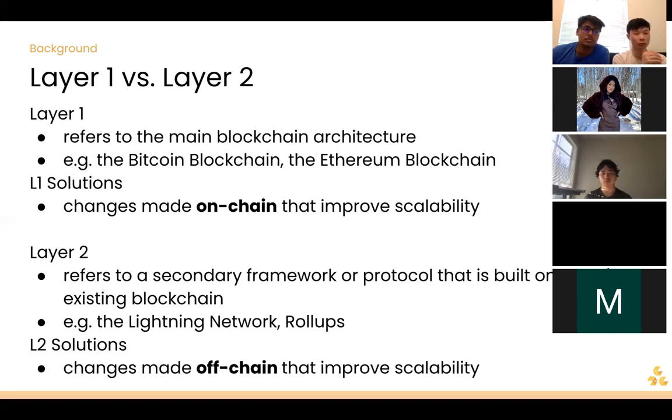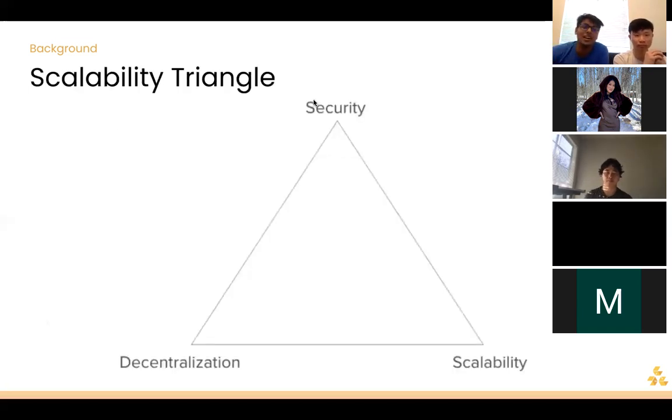You don't have a lot of wiggle room when compared to L2 solutions, where literally your imagination is the limit, and whatever you can think of, as long as it carries over those same guarantees from the base layer, you can make it. And if it makes the system faster while also keeping up security, then that's great. You'll see these in the examples that we go into later. Yeah, exactly. And that's why L2 exists in the first place, because L1 changes are so restricted. It's so hard to make changes on these blockchains. So we'll share a couple of stories about that as well.